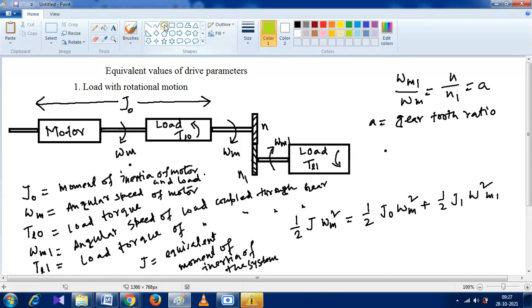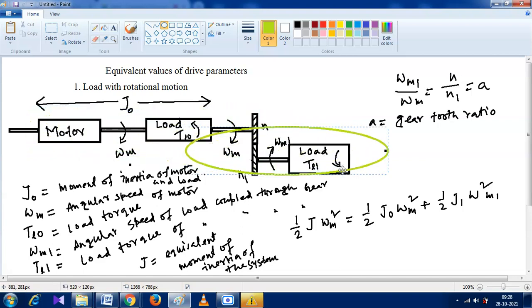We are talking about this system. What is the formula of kinetic energy of that system? Half J0 omega m square.